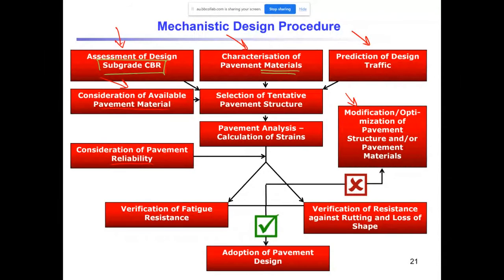So you can use higher quality material for different layers, sub-base and base, for example. And the other one is changing the thickness of the layers, right? You can increase the thickness of, for example, the base layer and check again to see whether your design is acceptable or not. So 3 different methods for improving your design.